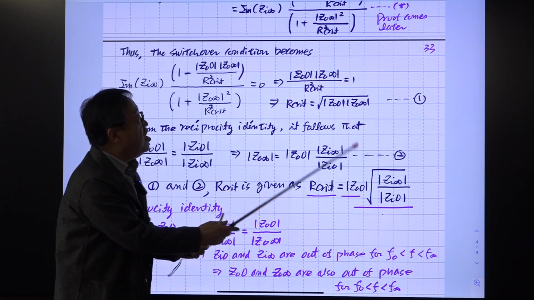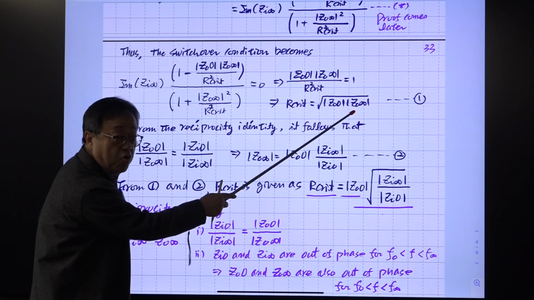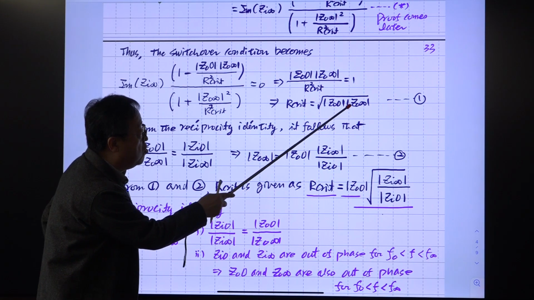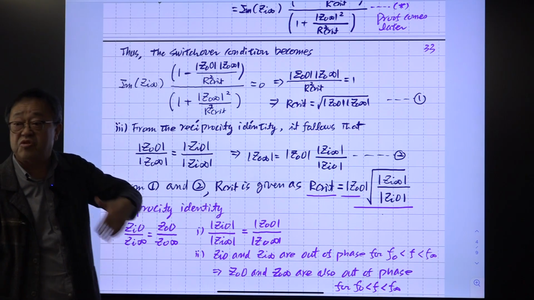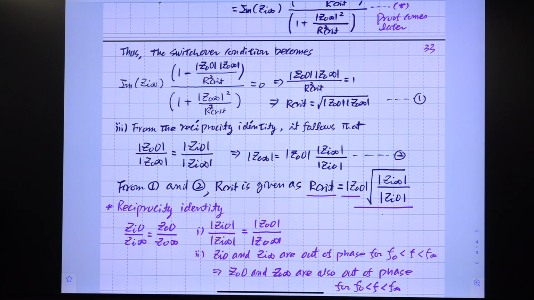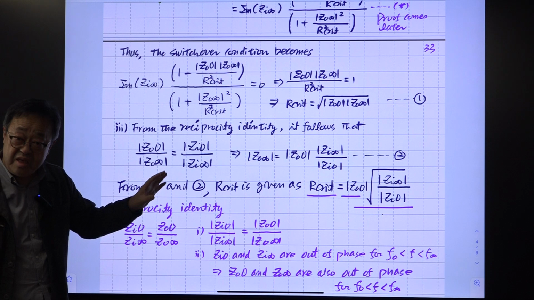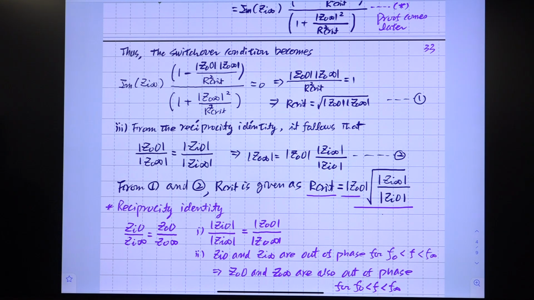But it is expressed with GO 0 and GO infinity. They should be replaced with GI terms because we are only using GI characteristics. The reciprocity identity makes that possible.